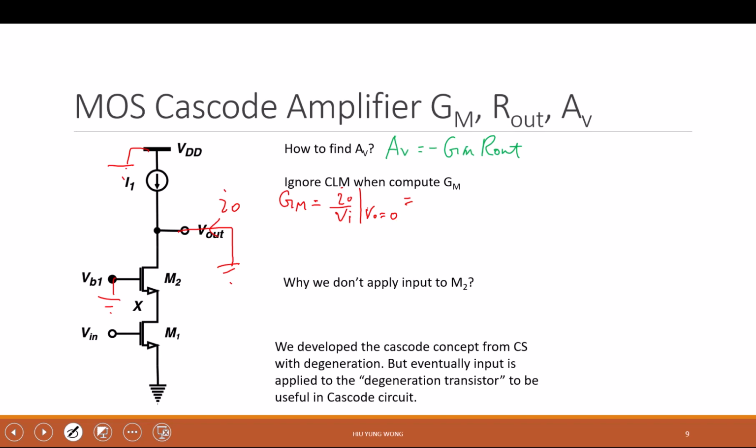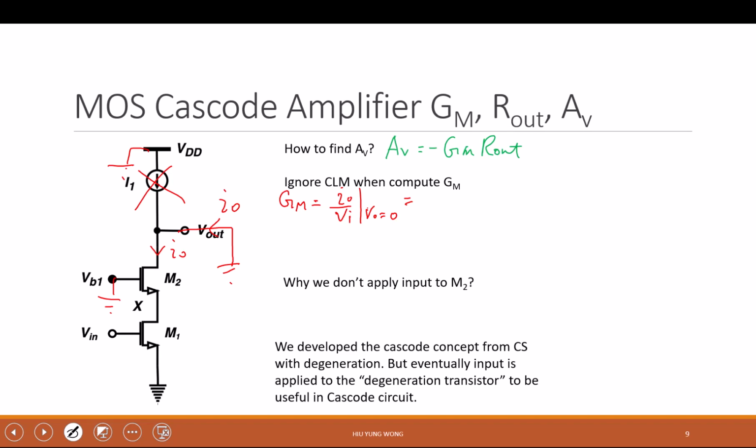I'm doing AC signal. Open it, right? Because it's constant current, it means there's no small signal current. Then in small signal it means infinite impedance, right? So you open it. And of course, I out, where will I out go if I open the top? It will all go to here, right?